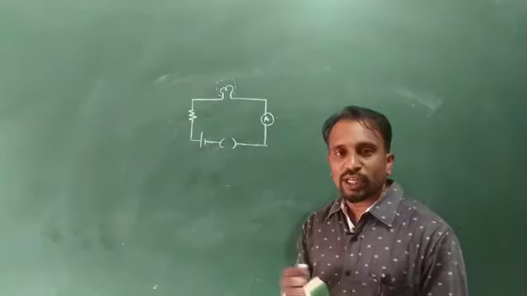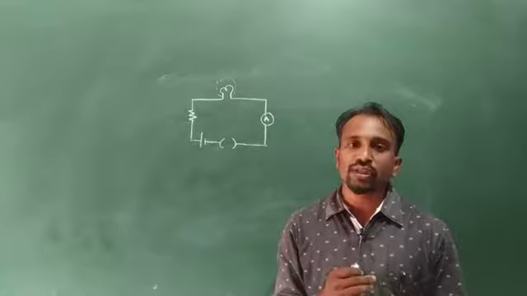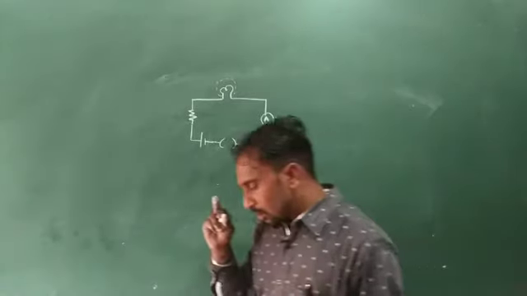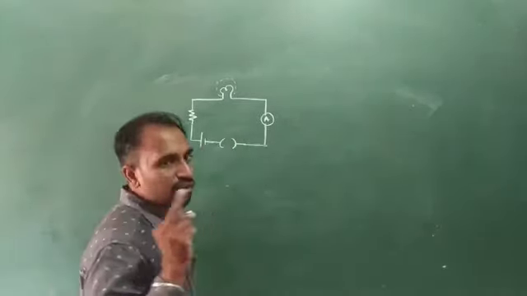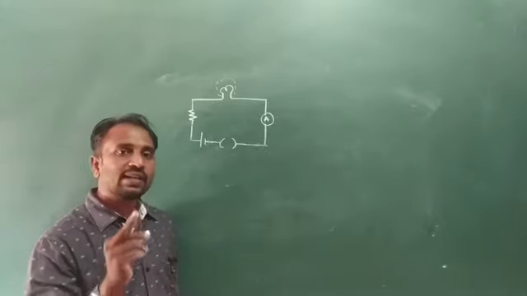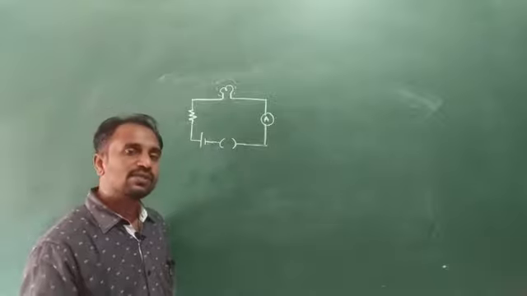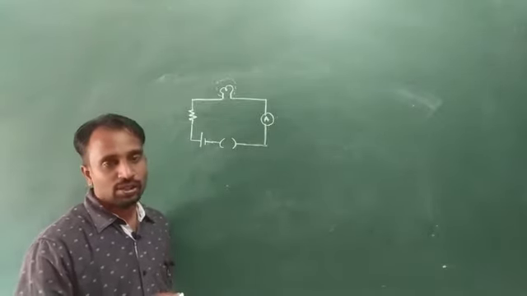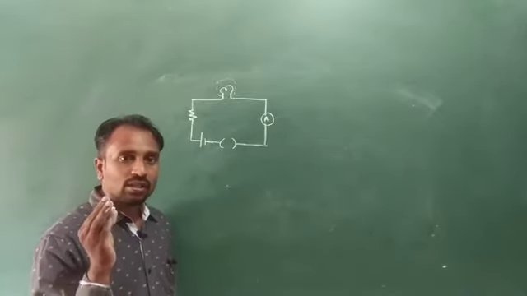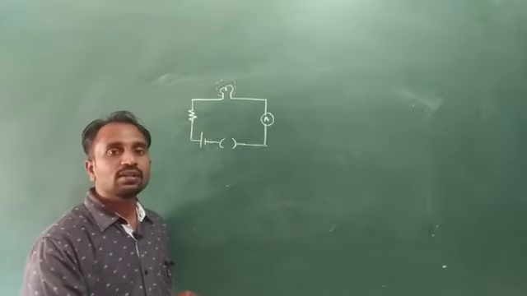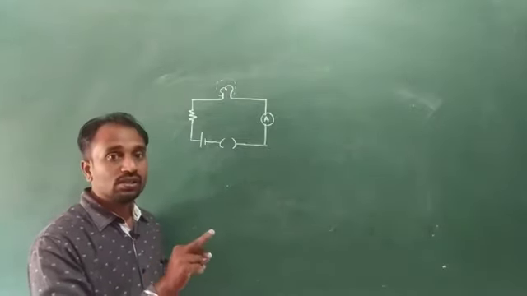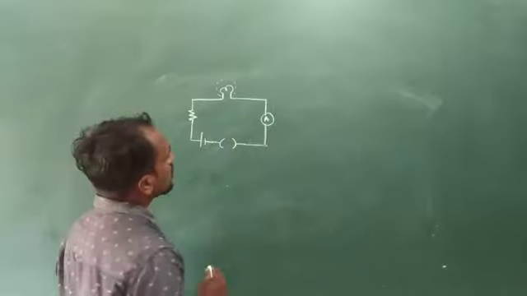In a series combination, the electric current remains the same. Series combination, electric current remains the same. In a parallel combination, potential difference remains the same. So for this reason the voltmeter is always connected in parallel to the circuit. Okay.